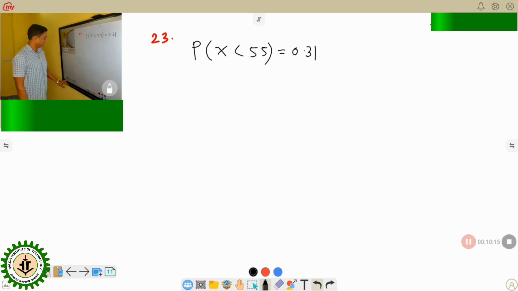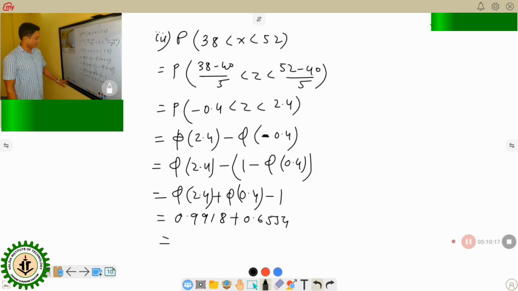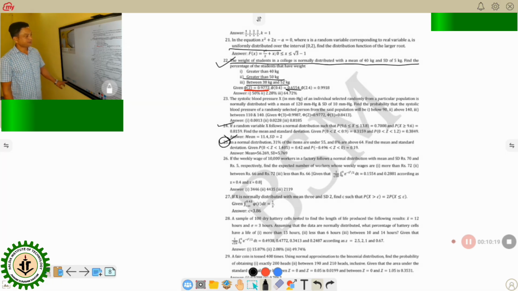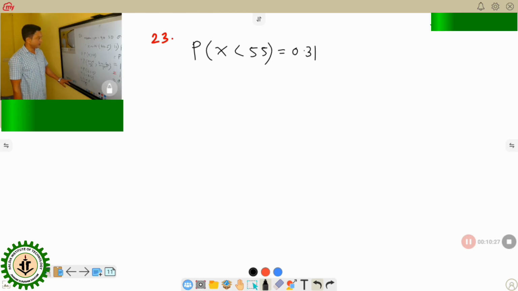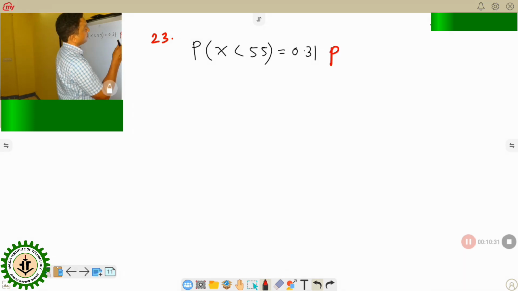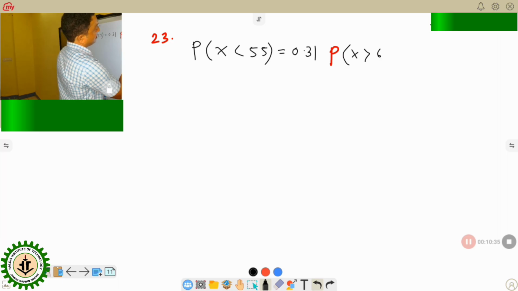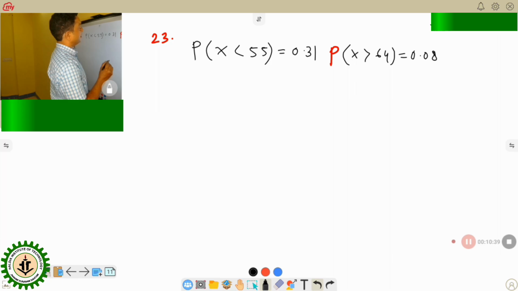This is the first information. The next information: 8% are above 64. Find the mean and standard deviation. So the probability of x greater than 64 equals 8%, that is 0.08.